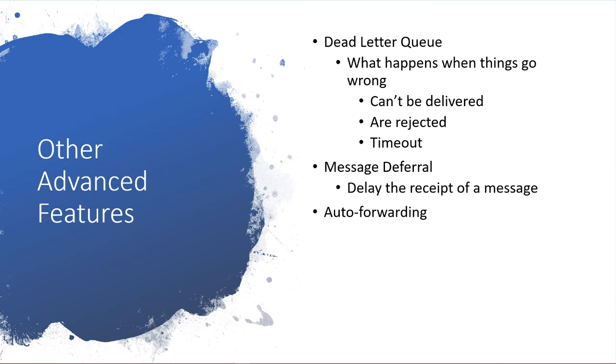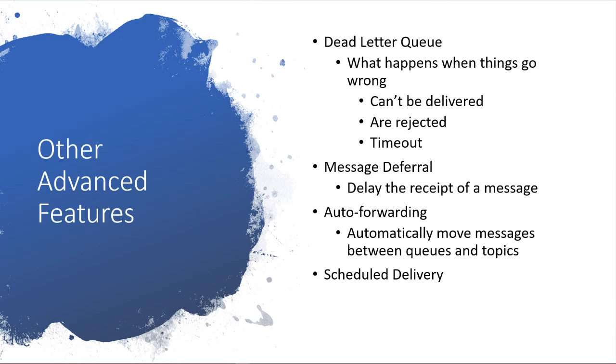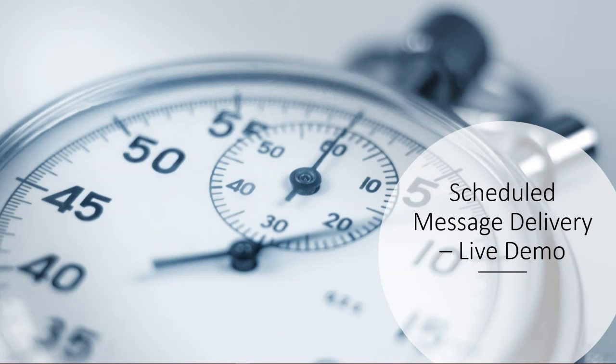Auto forwarding, for example, you can receive messages into a queue and then forward them onto a topic. And scheduled delivery. There was a demo that I had for scheduled delivery. I'm not going to get time to do that, but essentially that allows you to send a message at a given time.